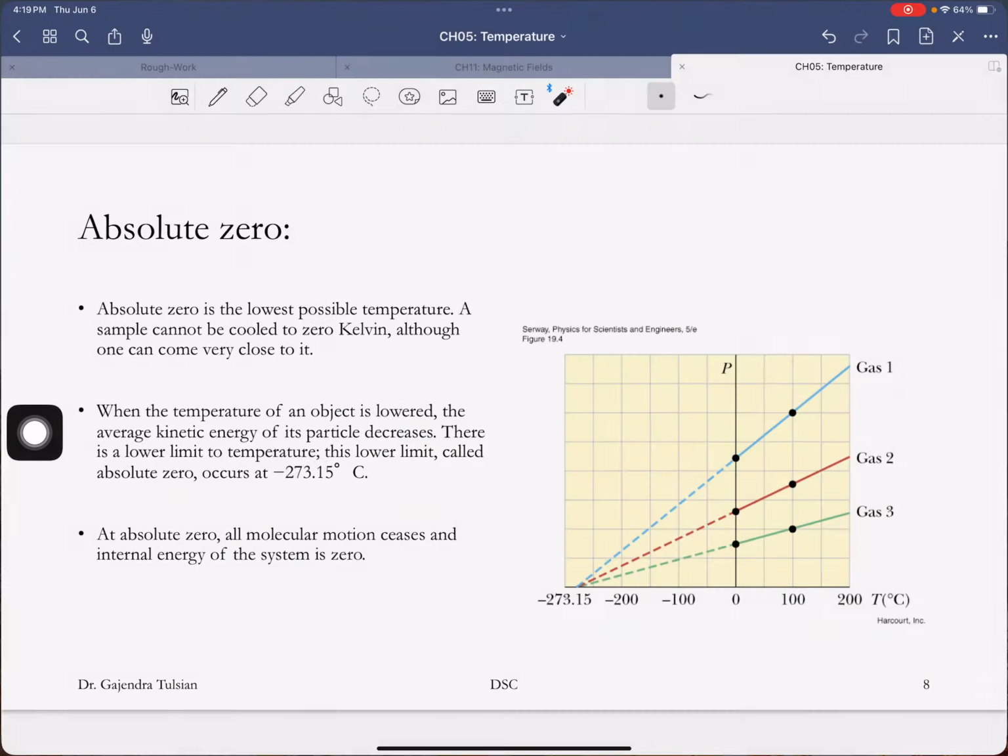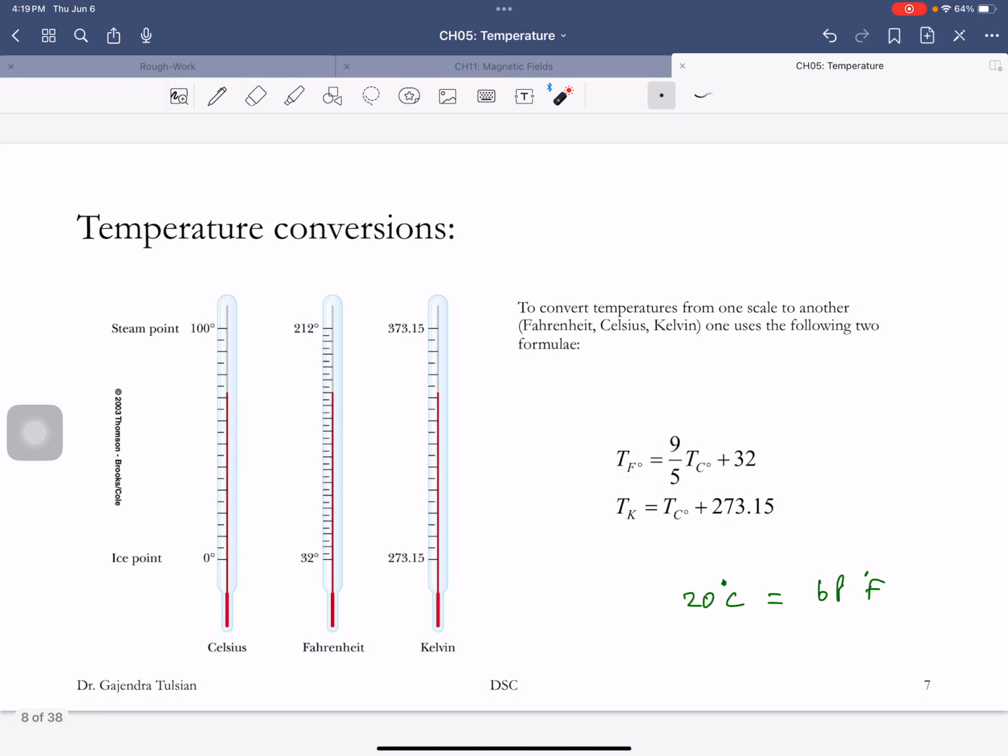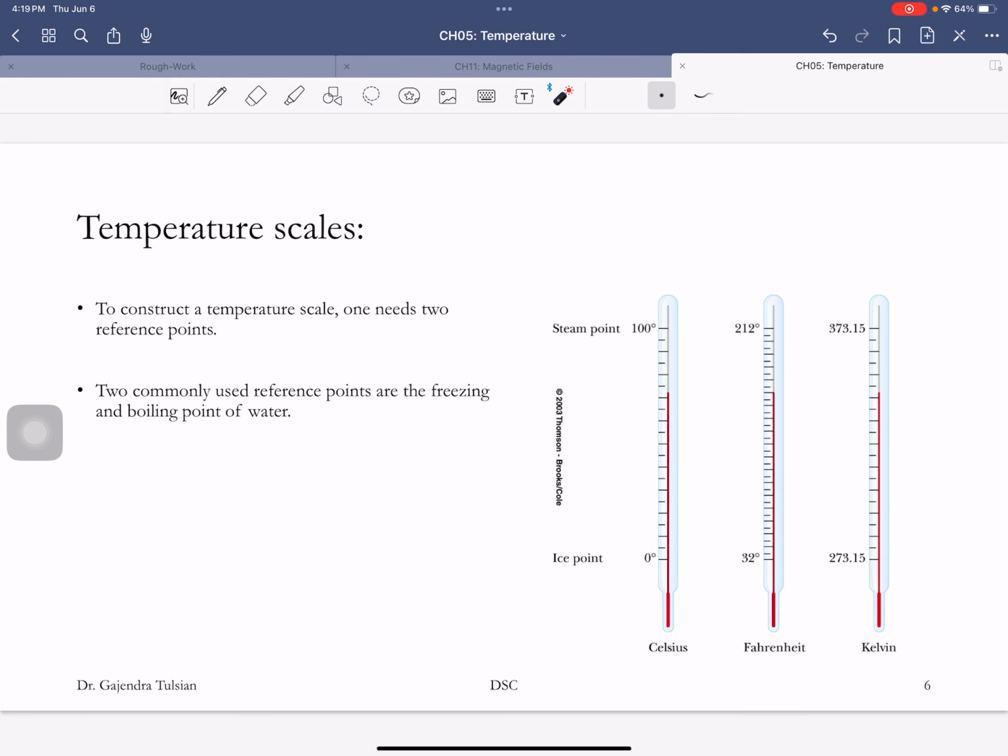Okay, so that's why the Kelvin scale was invented. The coldest possible temperature on the Celsius scale is minus 273 degrees Celsius, and so this was called 0 degrees Kelvin.